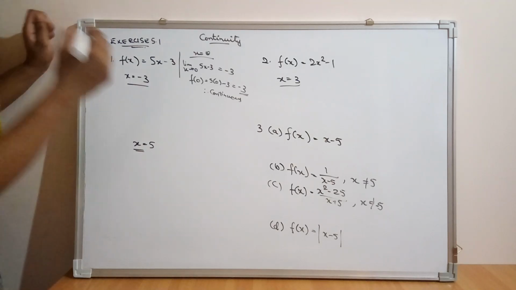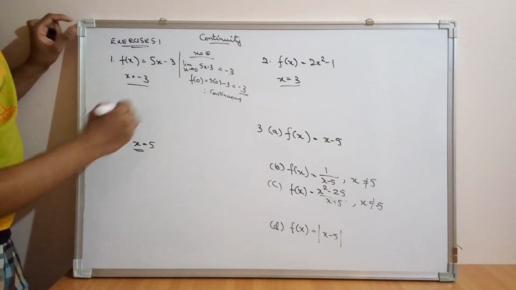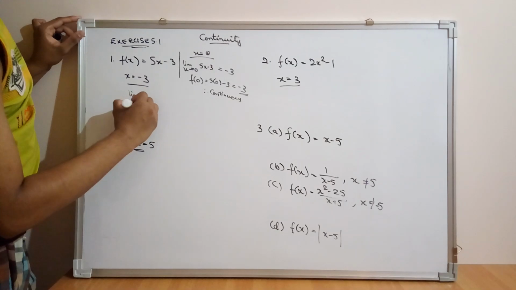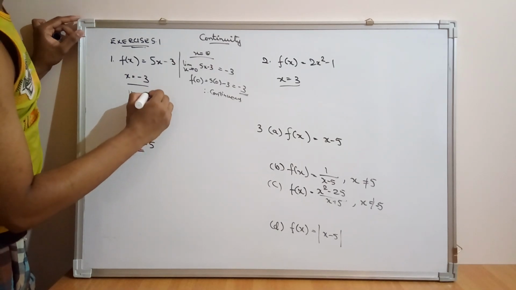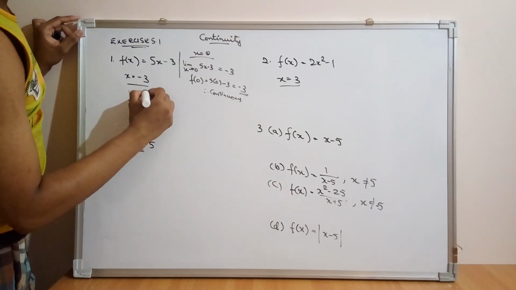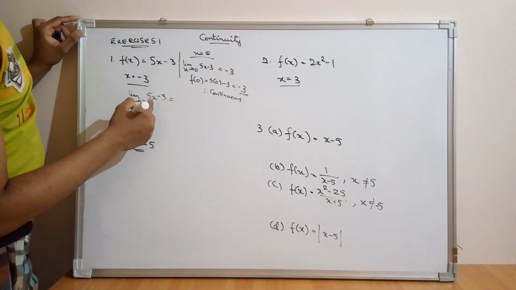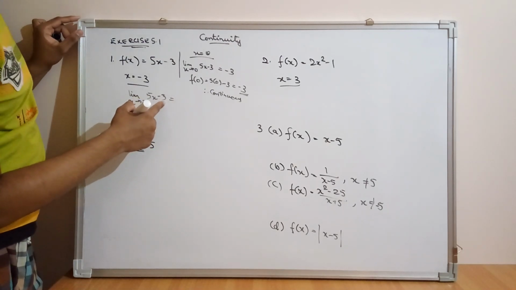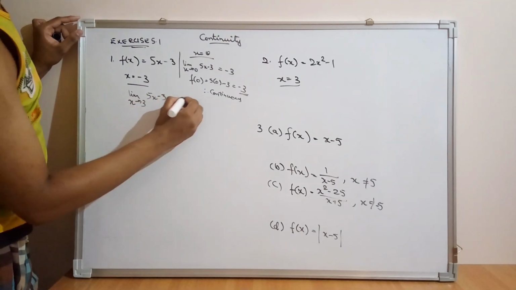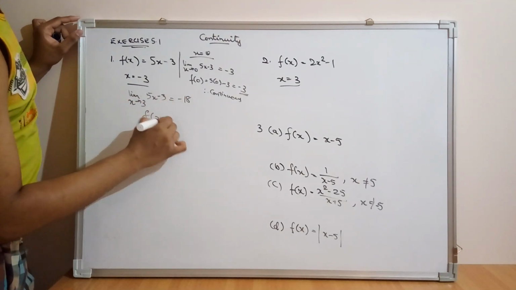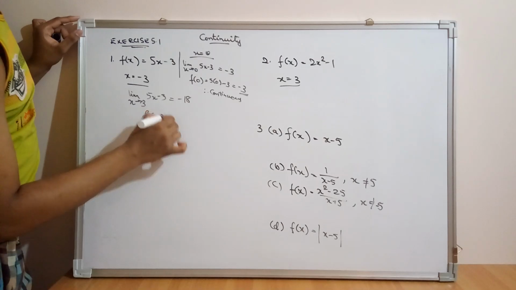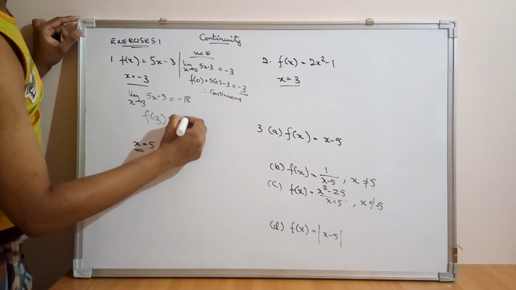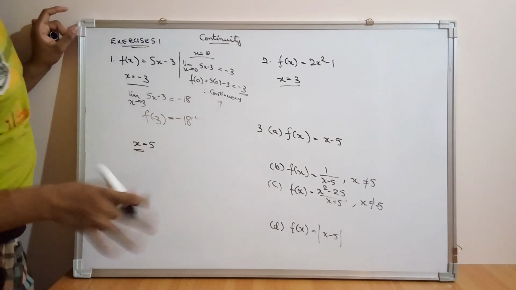Now x is equal to minus 3. Similarly, you are going to do the same thing. You can write 5x minus 3, so 5 into minus 3 is minus 15, minus 15 minus 3 is minus 18. Therefore f of minus 3 is also equal to minus 18. Therefore continuous.